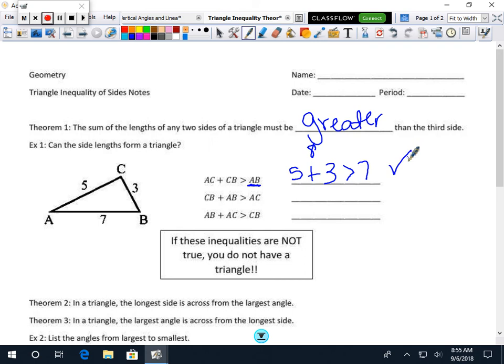We're going to do that for all of the sides. So now I'm going to check side CB, which is 3, plus side AB, which is 7. And I'm wanting to check to see, is this greater than the other side, side AC, which is 5? Well, 7 plus 3 is 10, and 10 is greater than 5, so this is true.